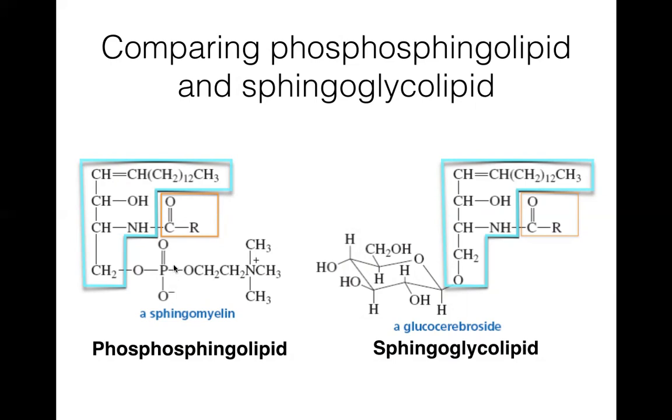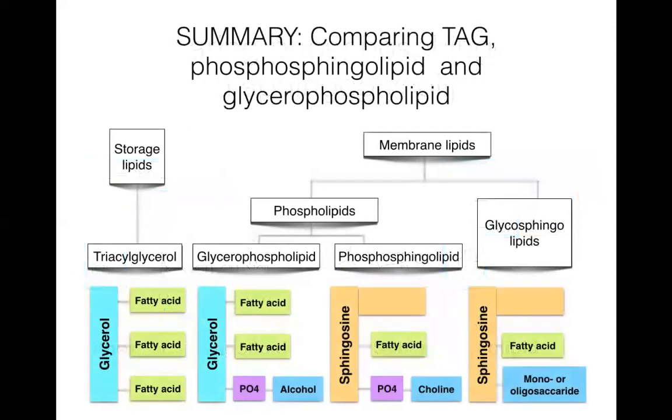Well, it's the head. Sphingophospholipid contains phosphate as a head, and bonded to it is choline. Whereas here, the head, of course, is a sugar, either a galactose or a glucose. In this case, it is a glucose.